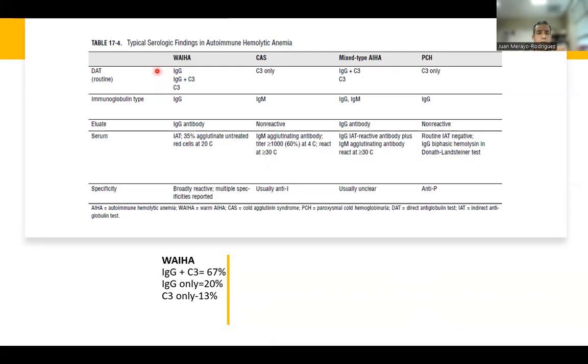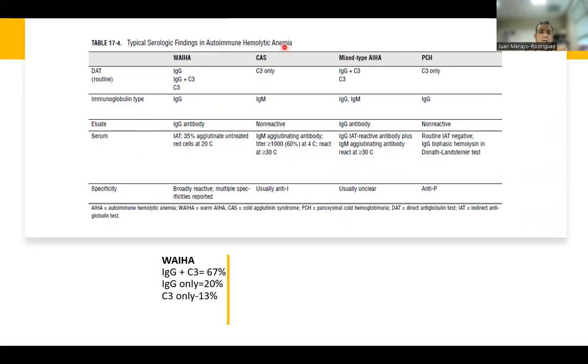The most common reactivity, in about 2/3 of them, is going to be IgG with complement. Then the second one will be IgG only, about 20%. And the least common is complement only. The immunoglobulin type in these cases is IgG, and the eluate will show the IgG antibody. The reactivity is strong, and multiple specificities are reported.